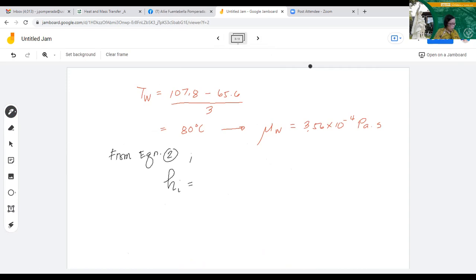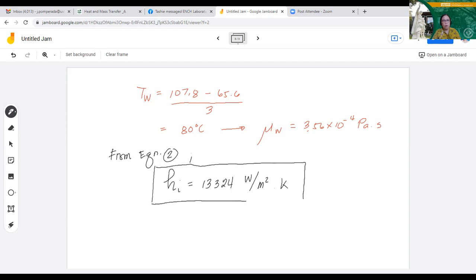The H sub I value would be 13,324 watt per square meter Kelvin. So this is the first required information, the heat transfer coefficient based on the inside surface of the pipe. Take note that we have assumed something, so we will check later on whether our assumption is correct.